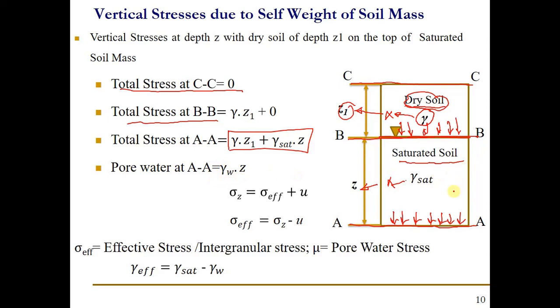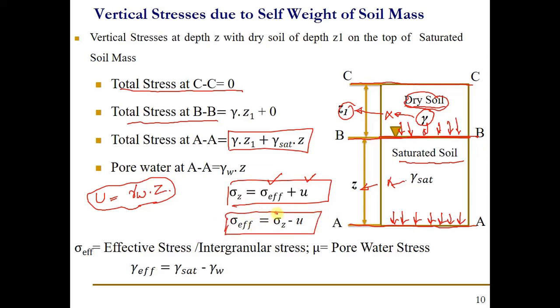Now if you want to find out the pore water pressure, we can simply multiply the unit weight of water with that depth Z, as Z1 is the dry soil, so we are using the depth Z. So total stress is equal to effective stress plus pore water pressure, and the effective stress is equal to total stress minus pore water pressure.